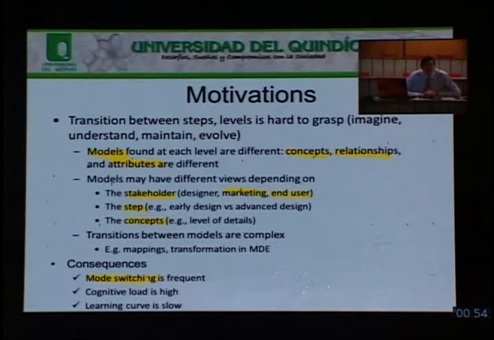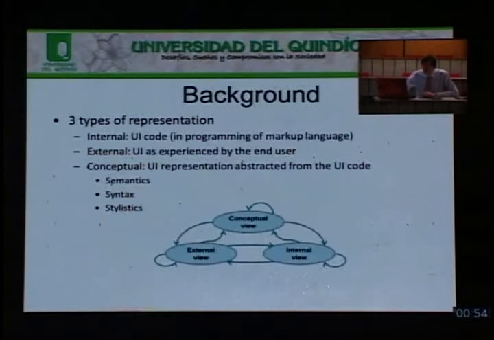Since end users do not understand UML class diagrams, we need to switch all the time. And this is increasing, of course, the load. We need to think all the time about that. And learning is slow.